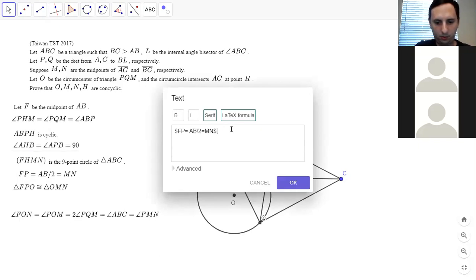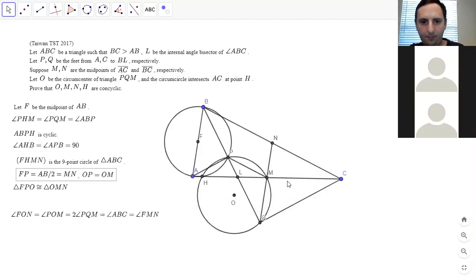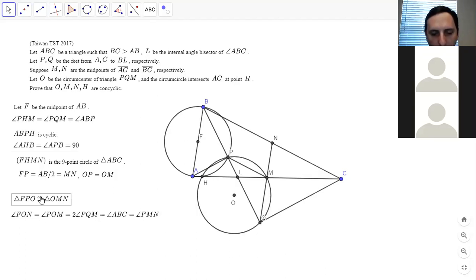And then the angles, angle FOP, trying to remember how we did that. Let me remember.